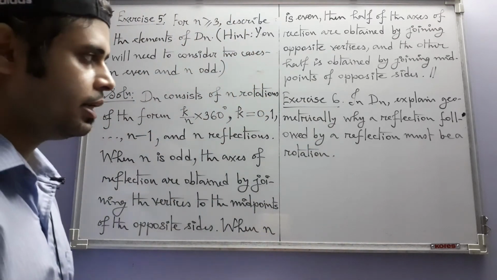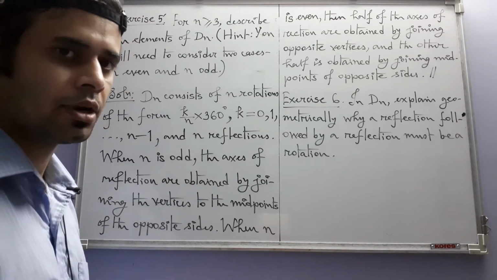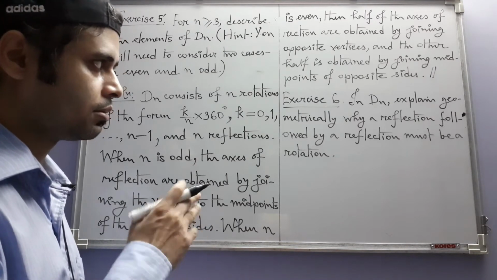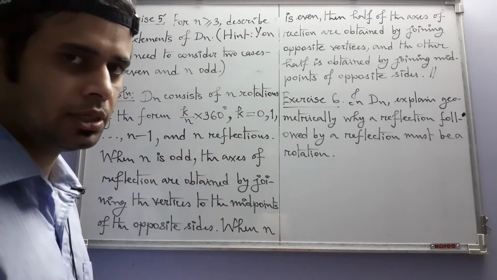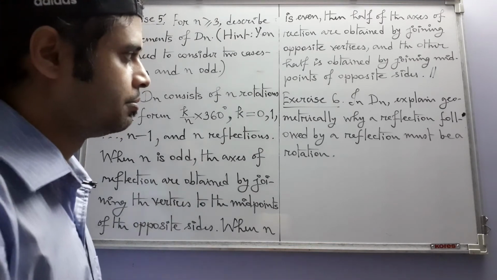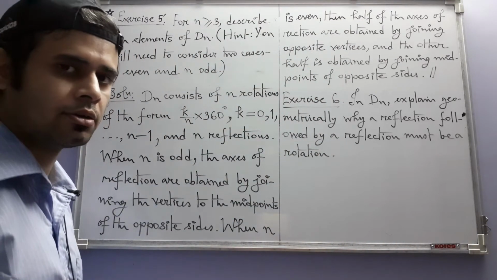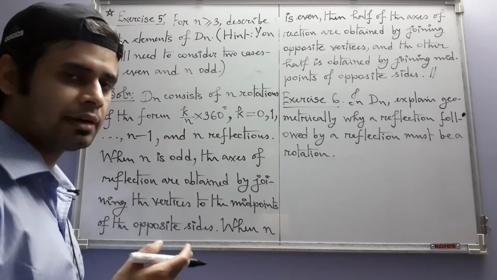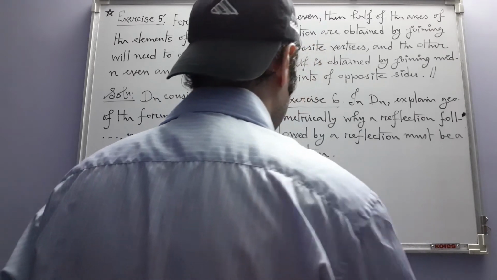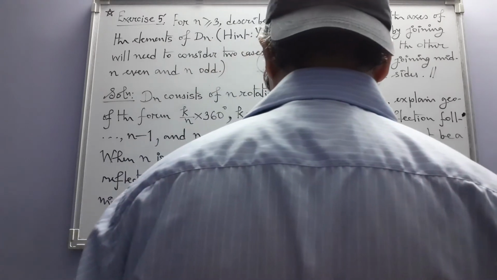So in Dn we have to explain geometrically that if we perform two reflections, we get a rotation. We have the operation of composition in the group Dn, which is just performing two operations one after another. Doing that is equivalent to performing a single rotation always. But why? We have to give a reason for that. And this is my answer. Let's first see the solution, and then we will try to make sense of it.